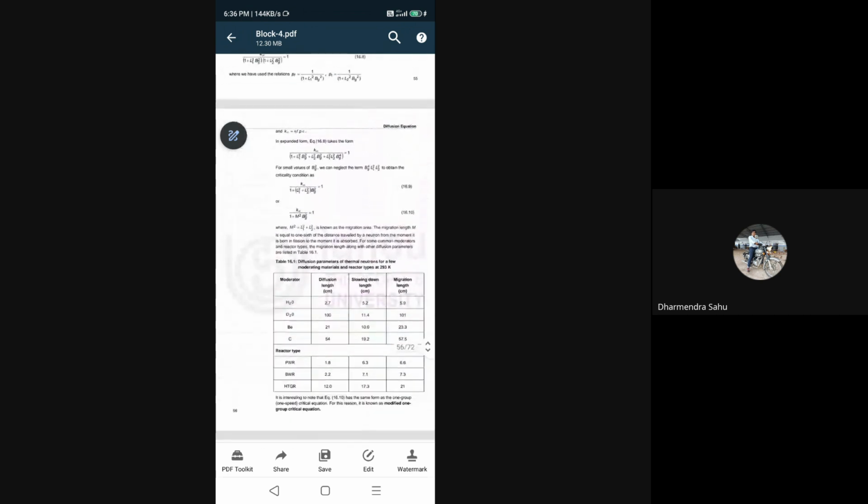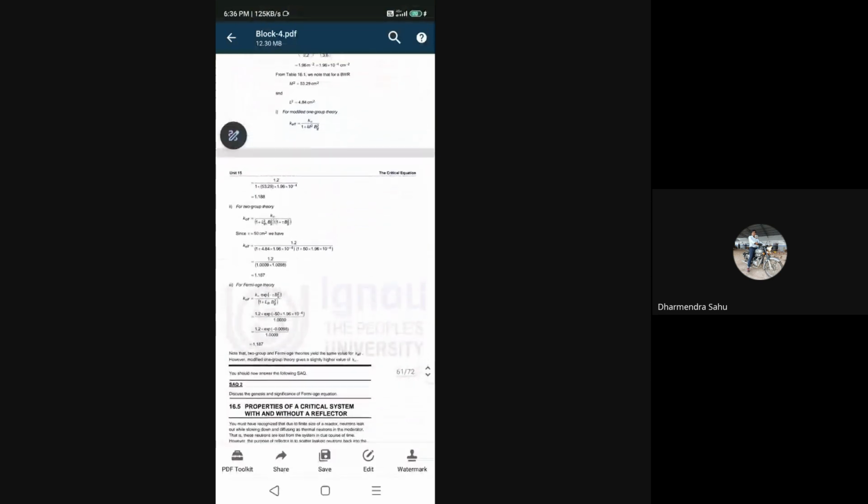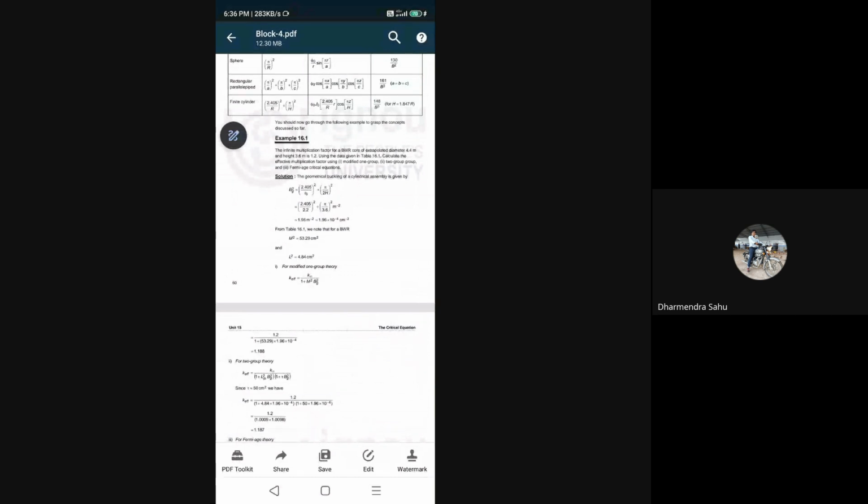And your L square is equal to 4.84 centimeter square, because the formula for L is given here in the table 16.1. 1.8 square is equal to 4.84 centimeter square.